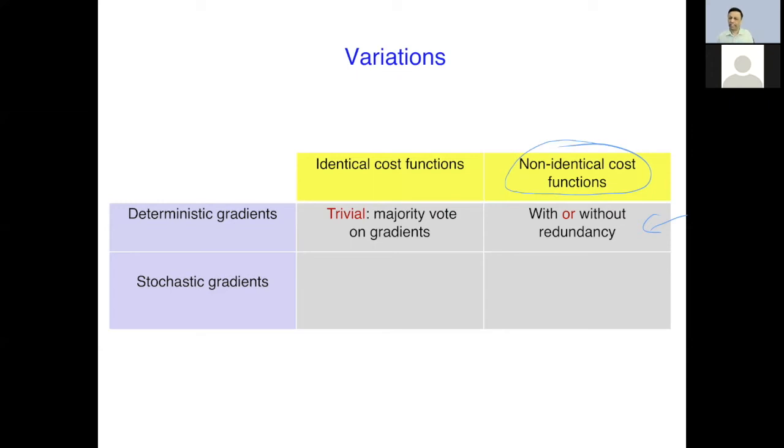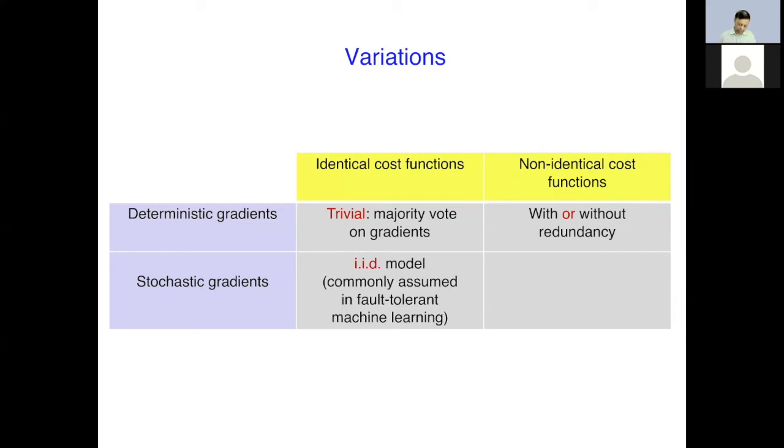There may be redundancy, there may not be redundancy, or if there is redundancy, the redundancy may be of different kinds. We talked about two different kinds of redundancy, 2t-redundancy, and the approximate version of it. So some papers look at deterministic gradients, but with either redundant functions or functions that are not redundant.